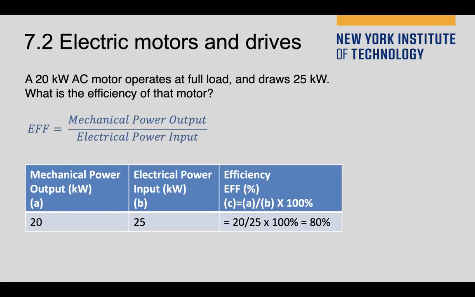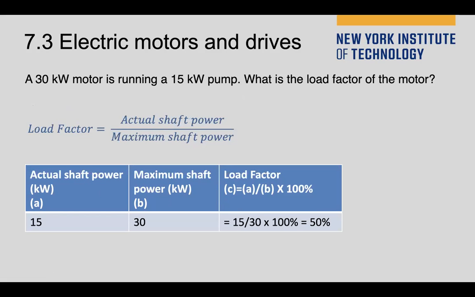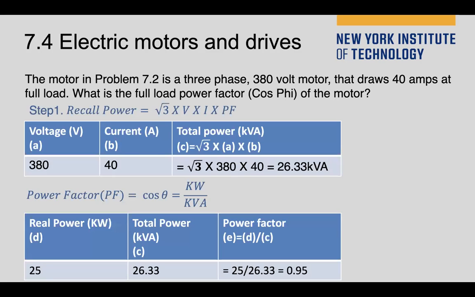So refer to this one, we shouldn't take the mechanical power, because if we take the mechanical power, we also have to consider the efficiency. So we only consider the electrical power input, that is the real power, because now in 7.4, we are going to calculate the power factor, which is not efficiency related in this question.